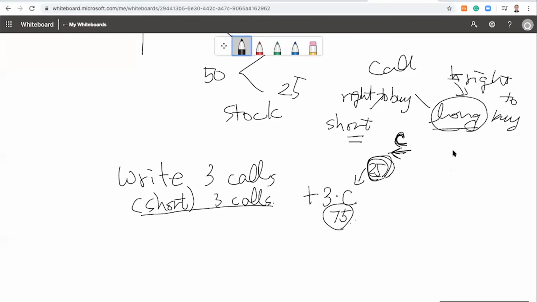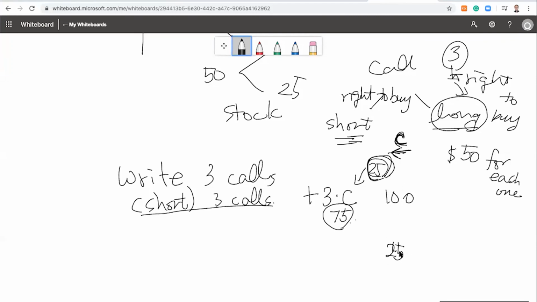The underlying asset, which is this stock, at the end of the period, at the price of 50 for each one. And he has three of these rights because you sold three call options. At the end of the period, the price can be either $100 or $25 for the underlying asset.